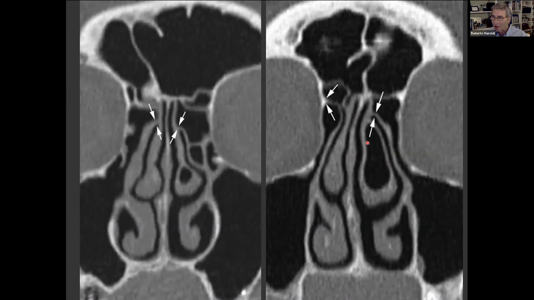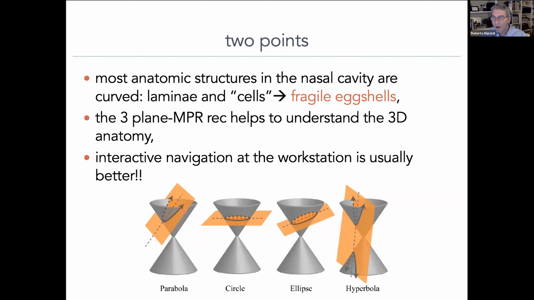So we have several possible demonstrations of the variability of this type of attachment and the variability of the pneumatization of these structures. Well, we have to be very careful when we see something that we assume to be a balloon, because we are cutting structures with a section that can be differently oriented in the space.